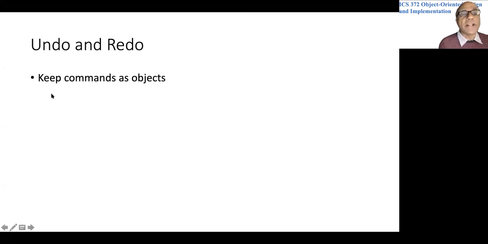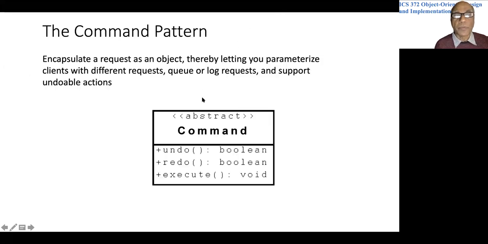So for every command that we have in the system, we have a command object. So the command class is abstract. It has operations to undo a command, redo a command, and execute a command.